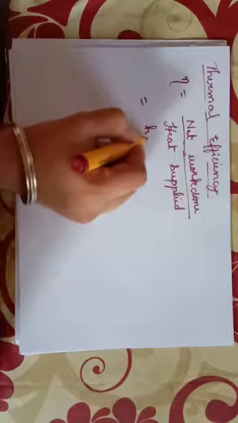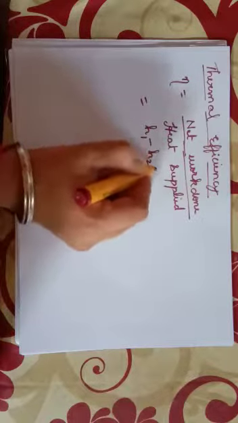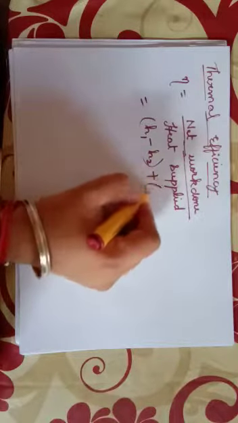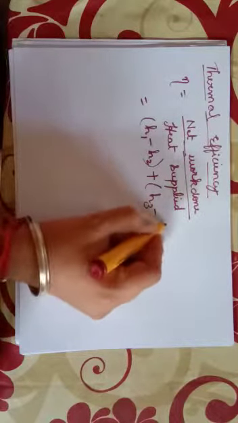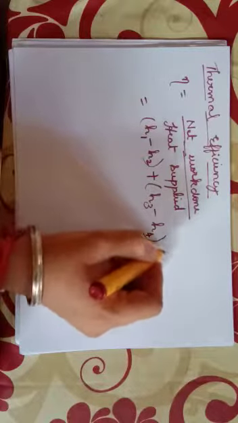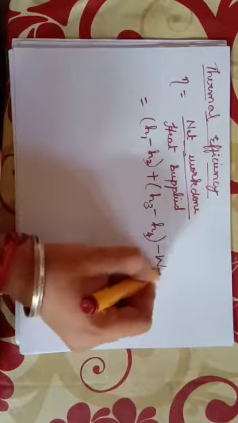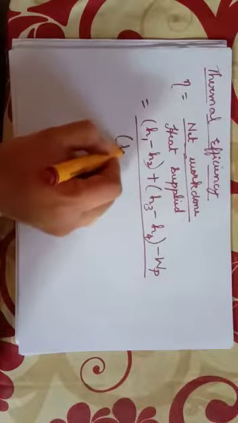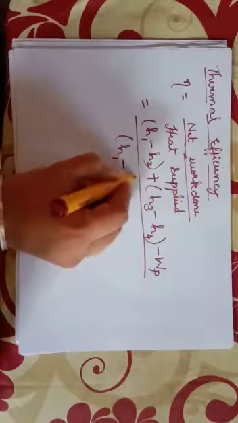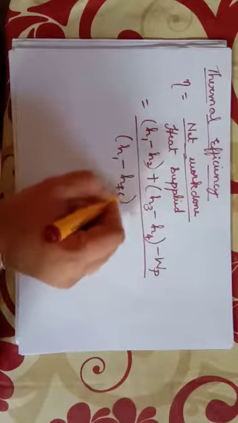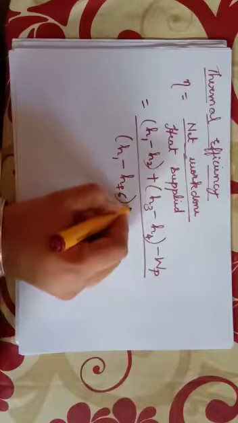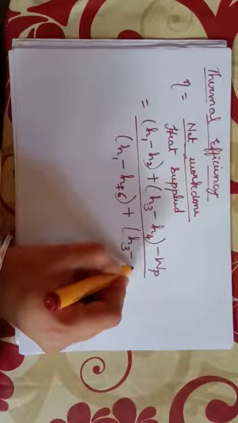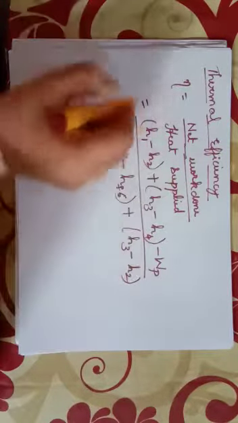Net work done is H1 minus H2 plus H3 minus H4 minus WP, which we had just written, divided by H1 minus HF6 plus H3 minus H2.